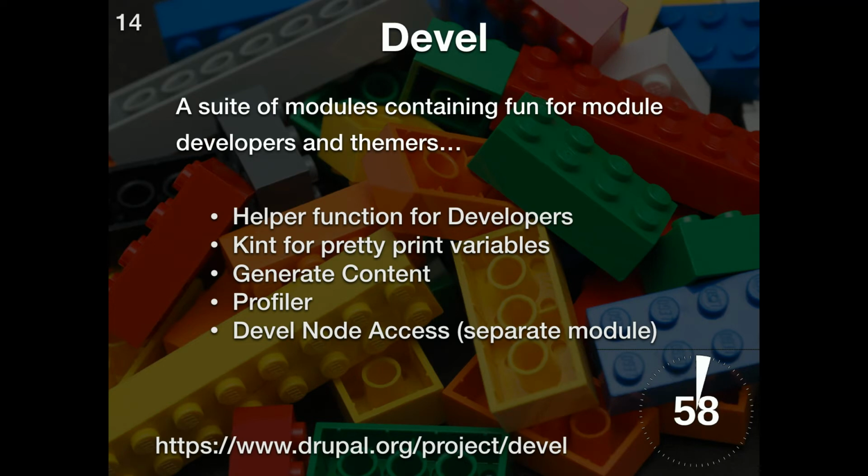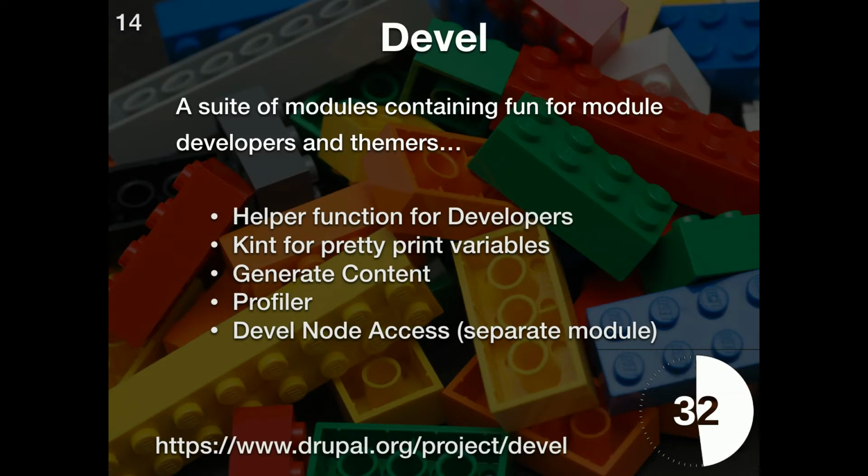The devel module. I would suggest not having this enabled or installed on production, but it tends to sneak out there a lot and get in the accounts. But the devel module is a lot of helper stuff for when you're actually developing code for a site.